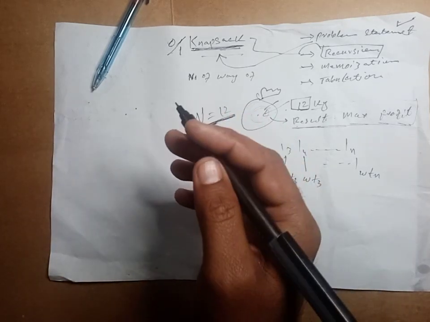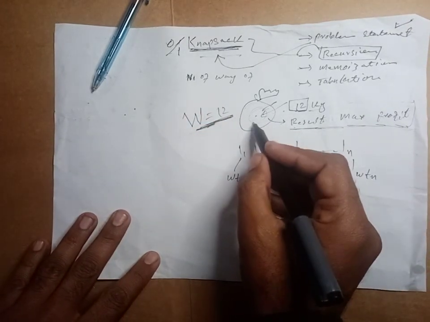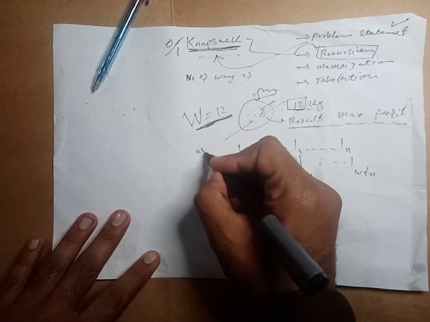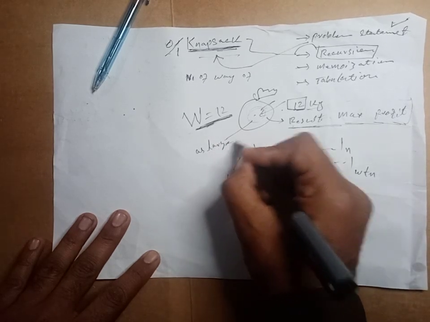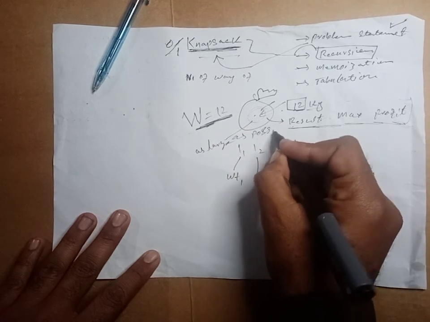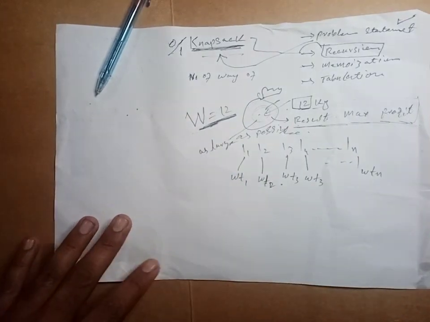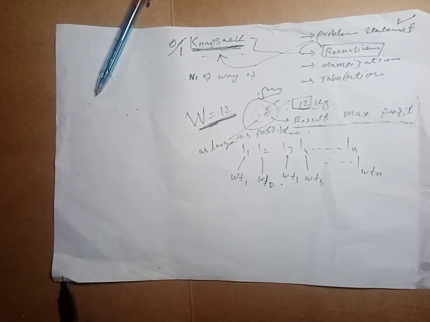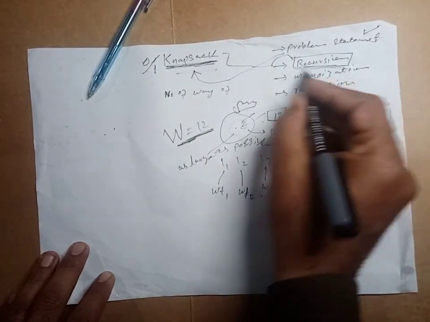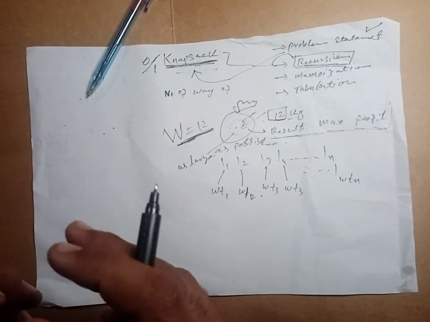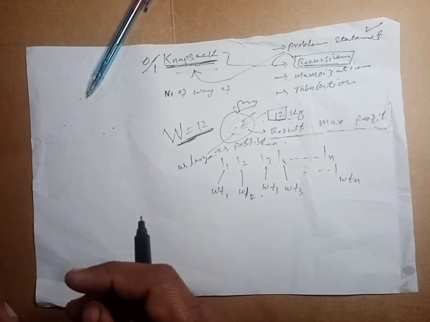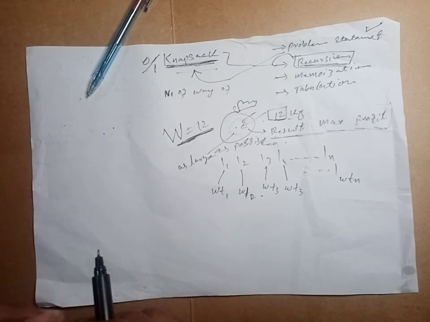And the total value or maximum profit should be as large as possible. So how can we make it possible using recursion? There should be a mechanism that we have to explain further.